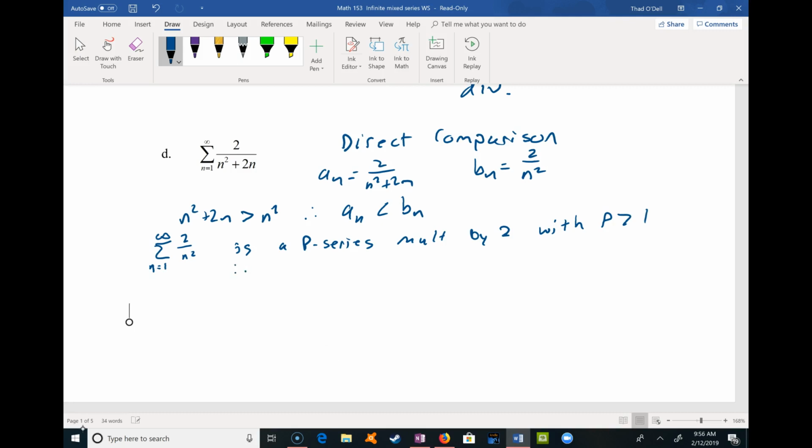Therefore it converges. Then my original series, 1 to infinity, 2 over n squared plus 2n, also converges.